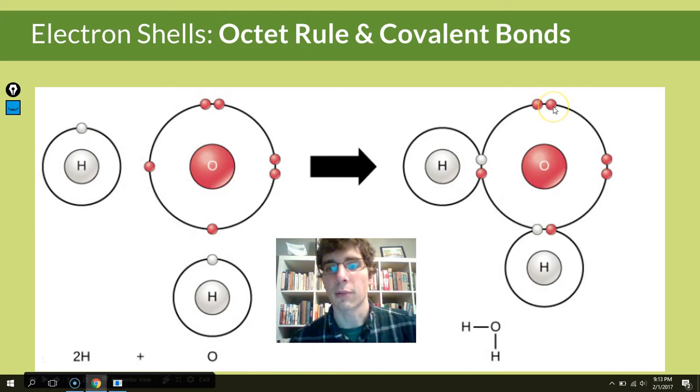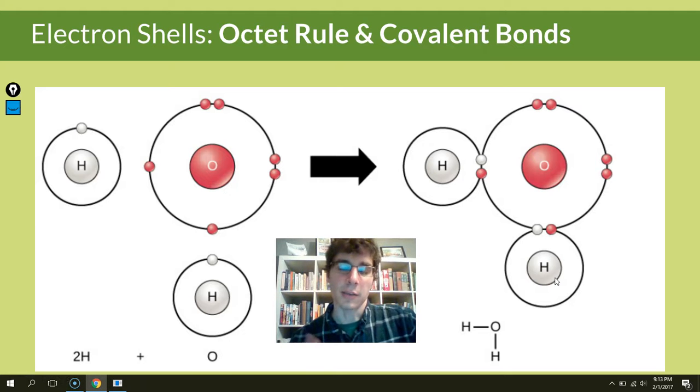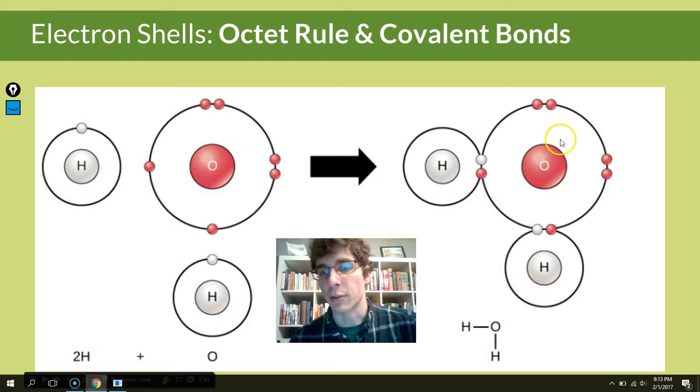Now if we count around oxygen, we have 1, 2, 3, 4, 5, 6, 7, 8 electrons. So now oxygen is very happy, its valence shell is filled up, and it has these 2 hydrogen atoms that are now bonded with it covalently. A covalent bond, again, is when electrons are shared between the atoms. So we've got an electron being shared between oxygen and hydrogen in both of these cases. And that's how water forms. Water is a molecule, it's a compound.